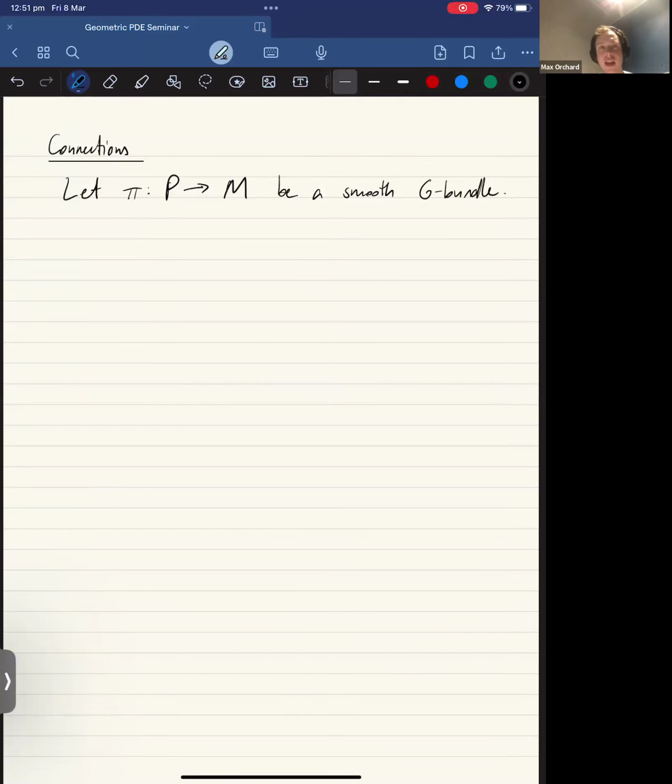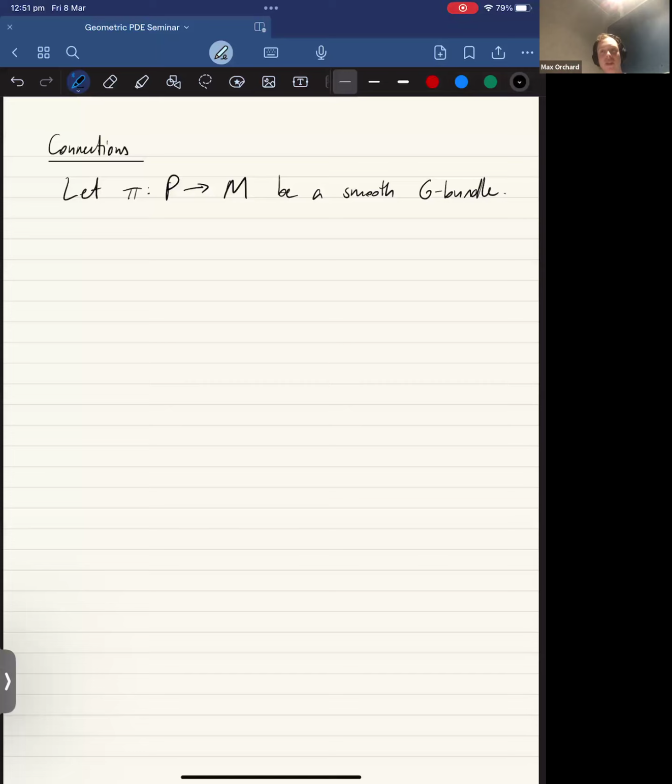So we're going to have some smooth G bundle. So P, we're going to say P for principal. That's our total space. We're going to have some base manifold and then our smooth projection. Now, you're probably well aware of this in the smooth manifold setting, that there isn't a way to naturally identify tangent spaces at two different points.